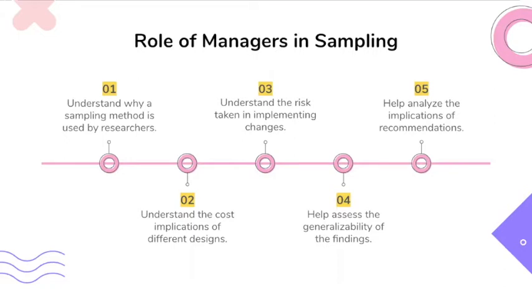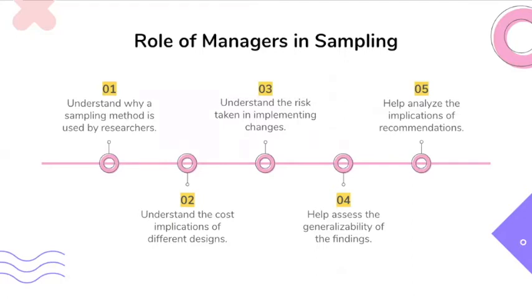By understanding the role of researchers, managers can also understand why a sampling method is used, like why their company uses a quantitative method, for example, or why they use non-probability sampling, for example purposive sampling.